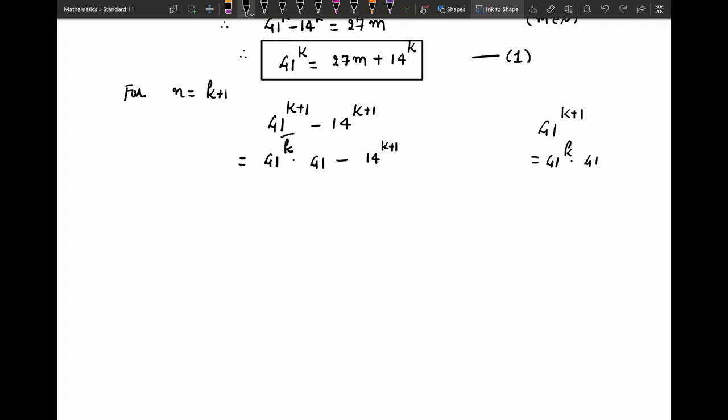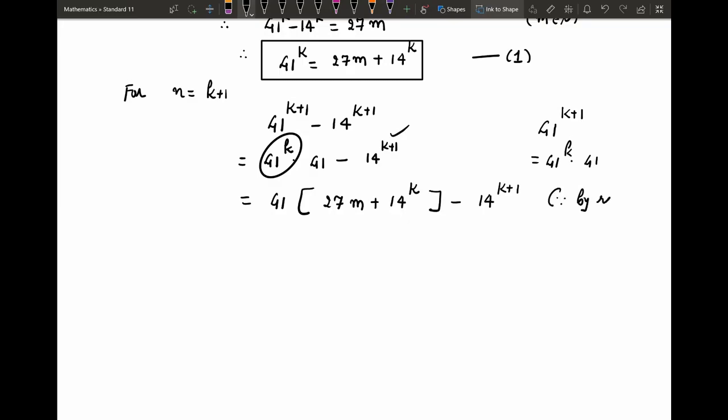Now using result 1, we put the value for 41 raised to k, so this is 41 into 27m plus 14 raised to k, minus 14 raised to k plus 1, the remaining term. We give the reason as result 1.